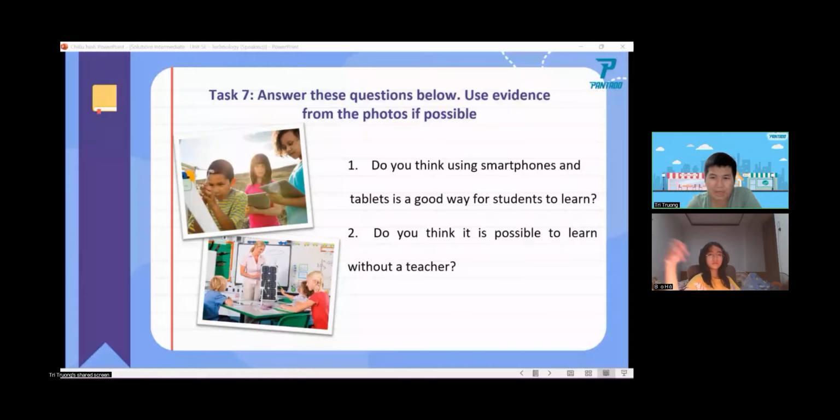Take notes and answer my question. You should give your reason, discussing contrast, and give an example. That's how you make your sentence longer.